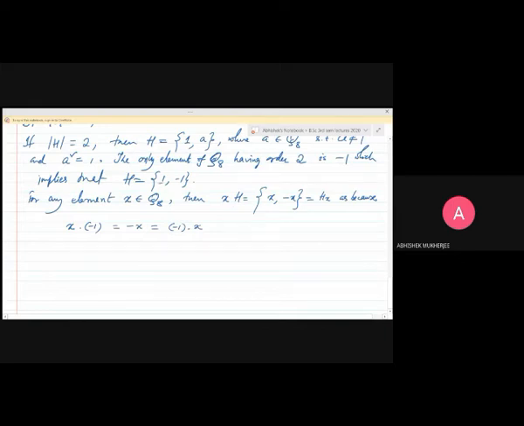And for the identity, it is obvious. x1 is always equal to 1x equal to x, because 1 is the identity. So for that reason, xH equals Hx. That means the left cosets of H in G are equal to the right cosets of H in G. So hence H is normal in Q8.